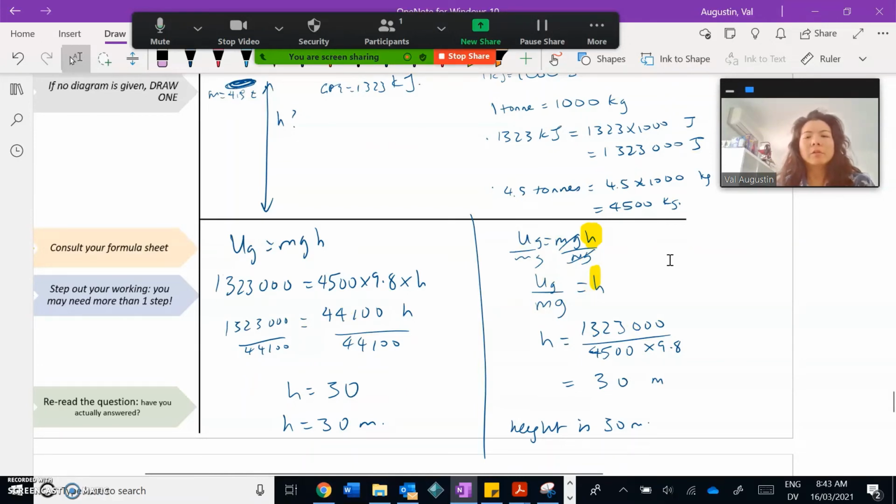The steps to the working out are: UG, we start with the equation mgh, and we want to make h the subject, so I need to divide by mg.